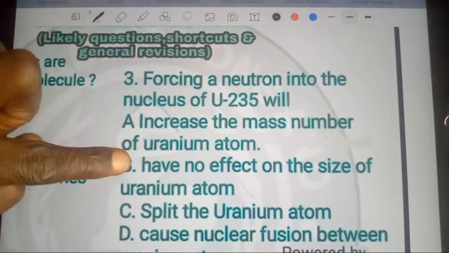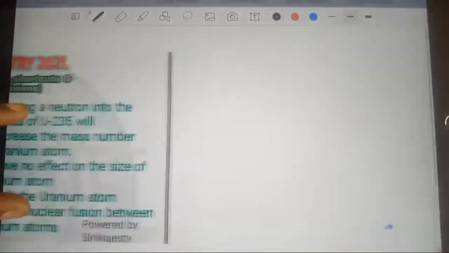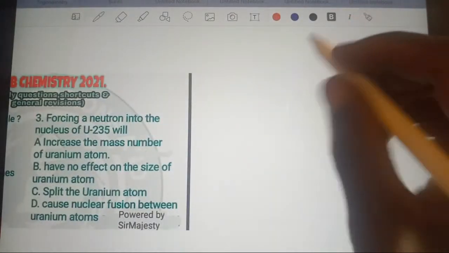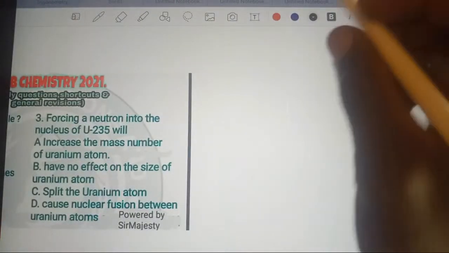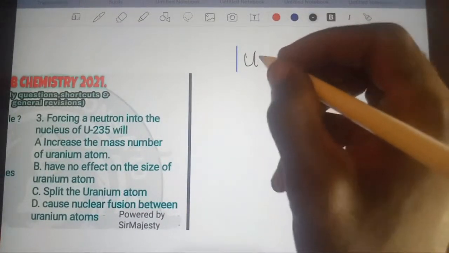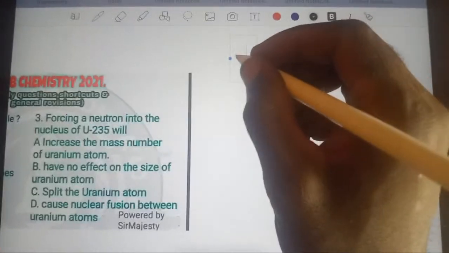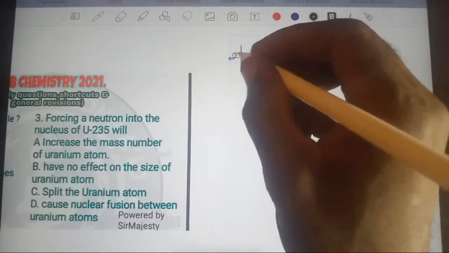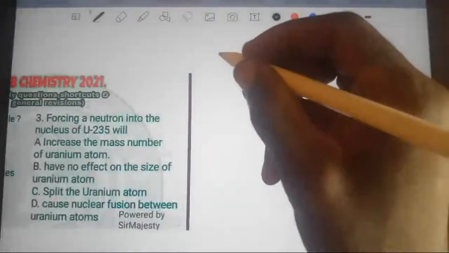Nuclear fission. And in the uranium-235 nuclear fission, as you can see on the screen, let me use normal letters.